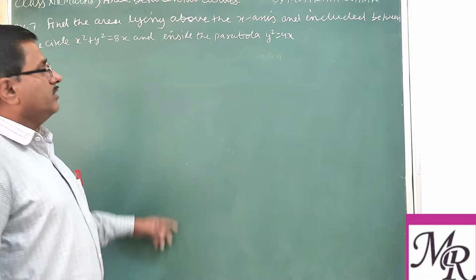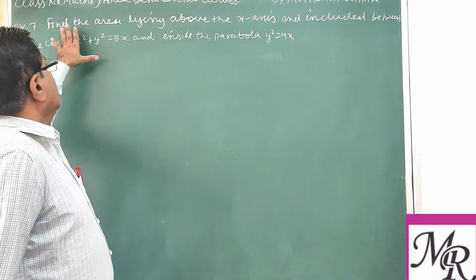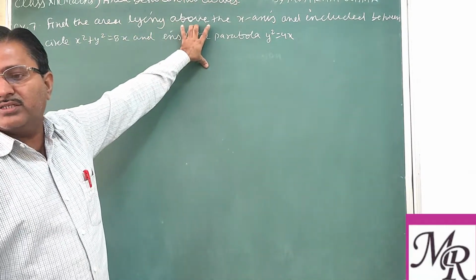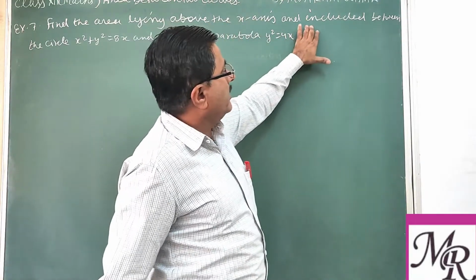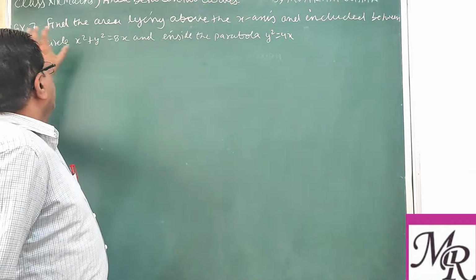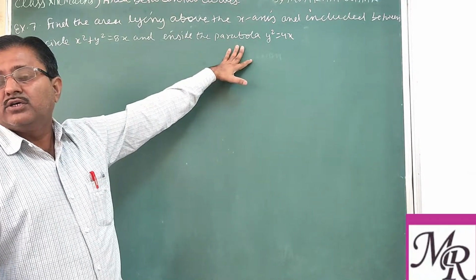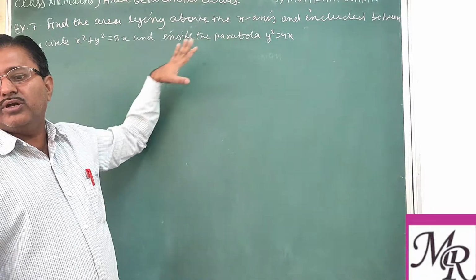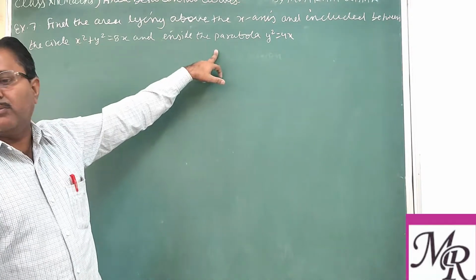You have to read the question very carefully because there are so many things given. Find the area lying above the x-axis. It means you have to find the area above the x-axis in the first or second quadrant, and included between the circle and inside of the parabola. So there are three conditions: above the x-axis, between the circle, and inside the parabola.